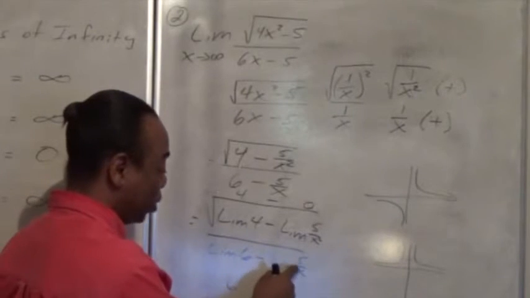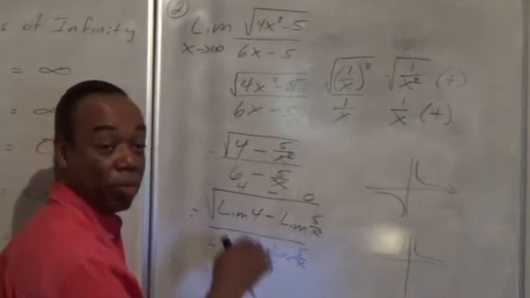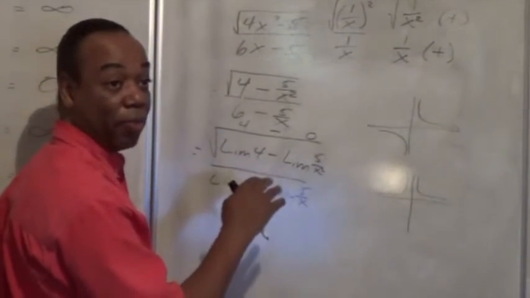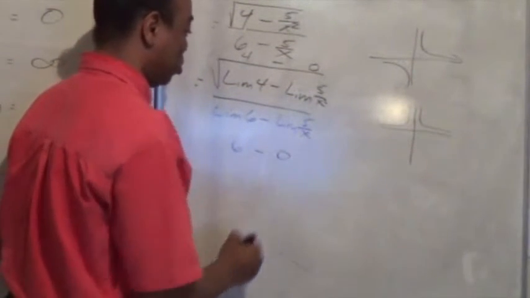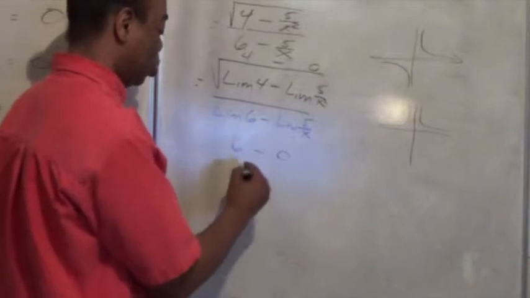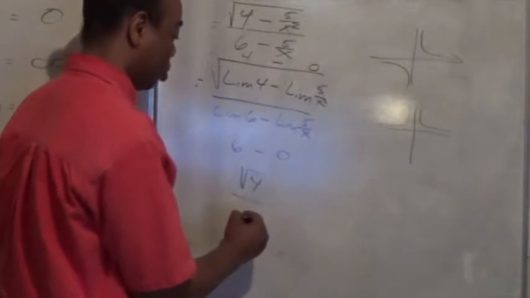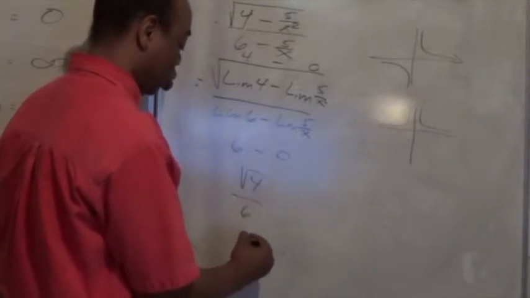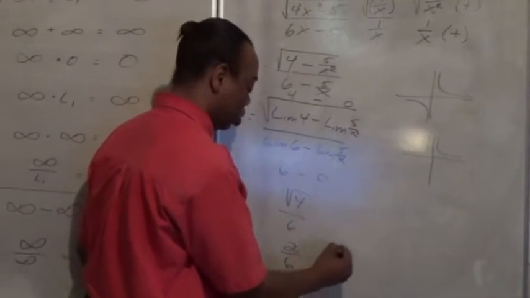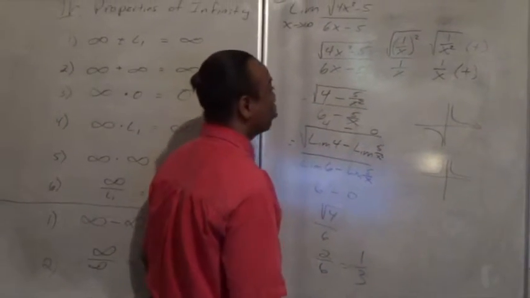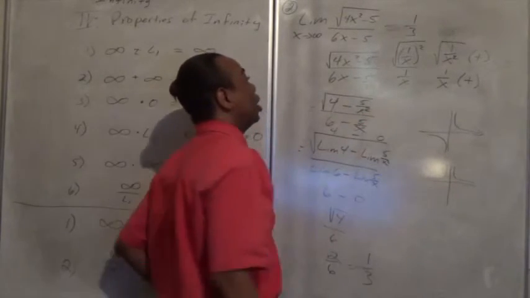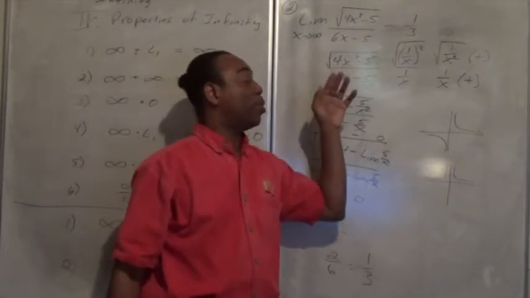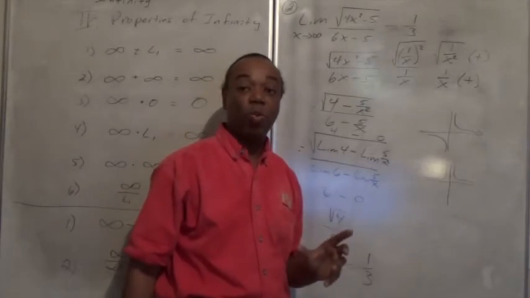And the limit of 5 over x would be positive infinity. No, sorry, 0. So what we have here is the square root of 4 all over 6, which is 2 over 6, which simplifies to 1/3. So the limit of this function as x goes to positive infinity would be 1/3.